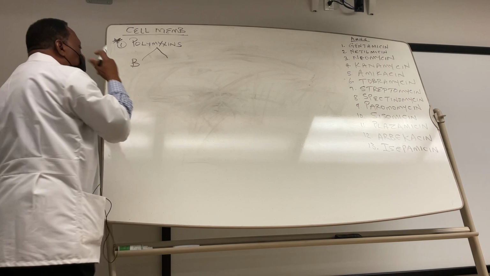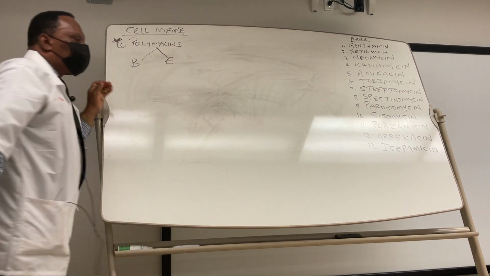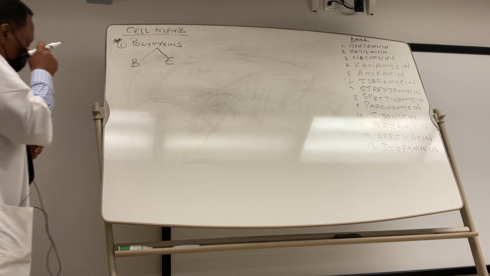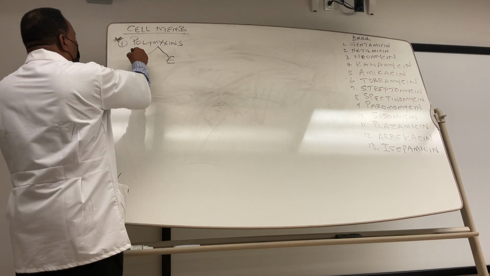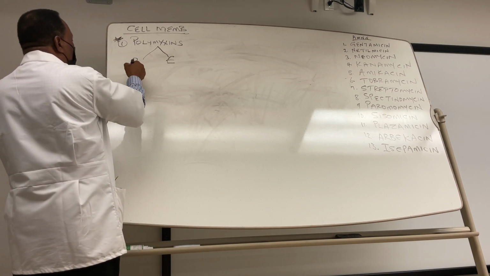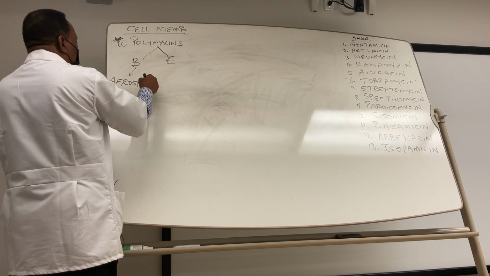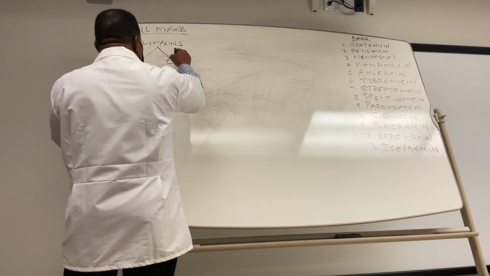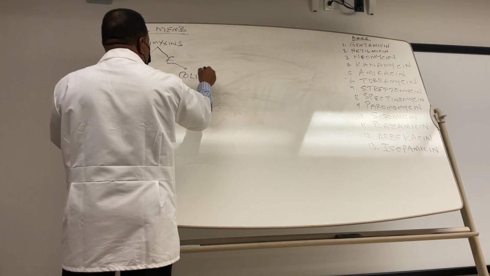You have polymyxin B and polymyxin E. Polymyxin B is also called aerosporin. That's the brand name for it. Polymyxin E is your colistin.